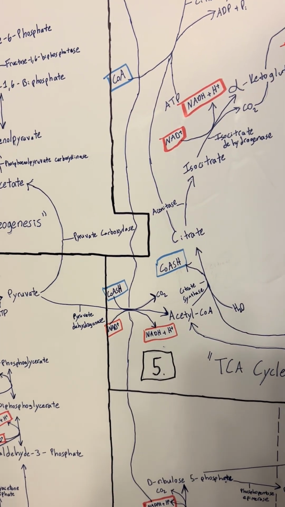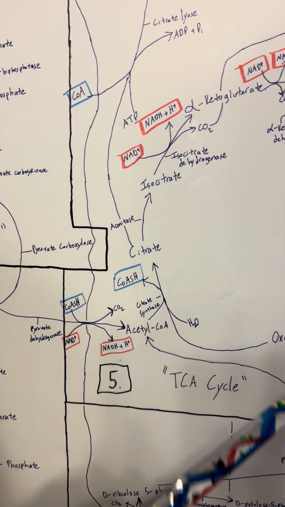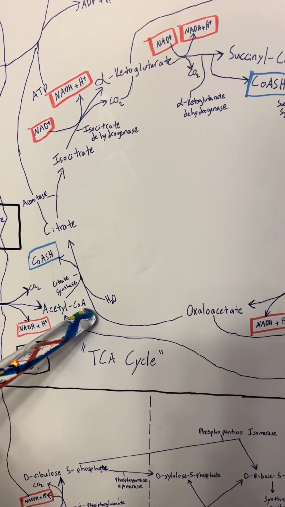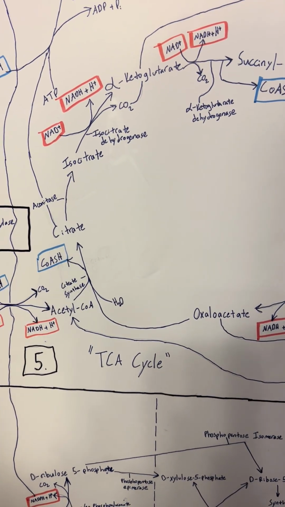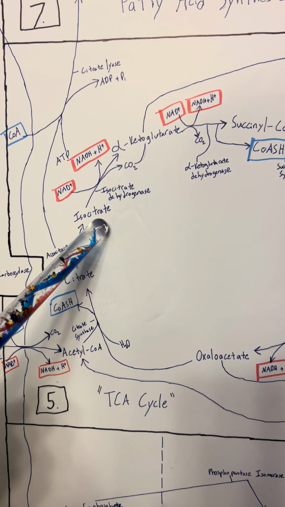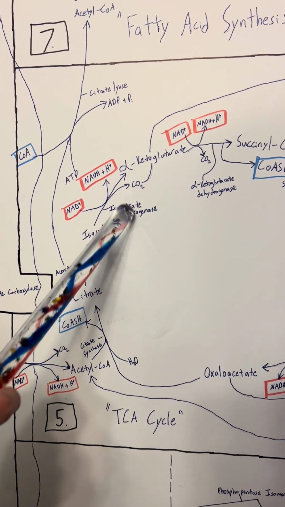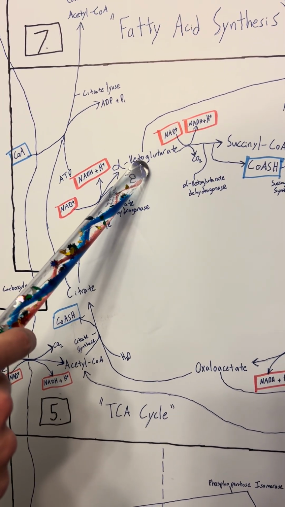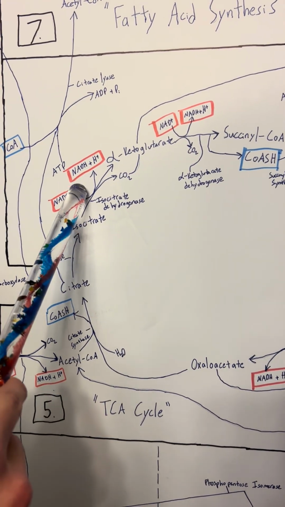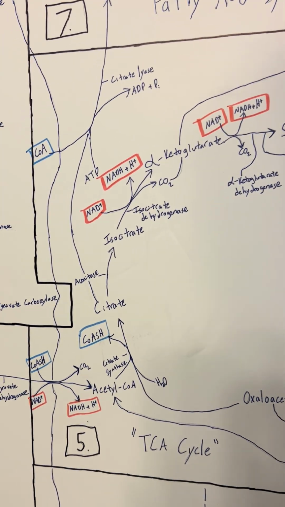So you have here oxaloacetate combines with acetyl-CoA to form citrate. Citrate is rearranged into isocitrate. Isocitrate is oxidized into alpha-ketoglutarate, releasing carbon dioxide right here and producing another NADH plus H plus coenzyme.